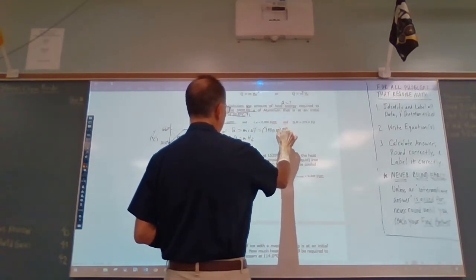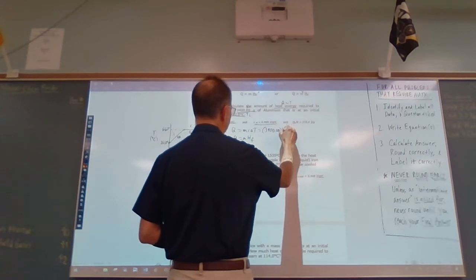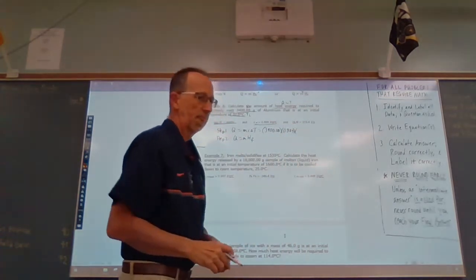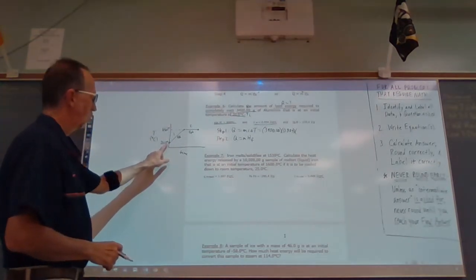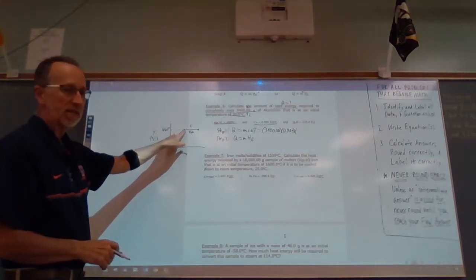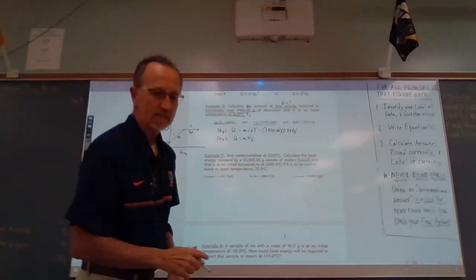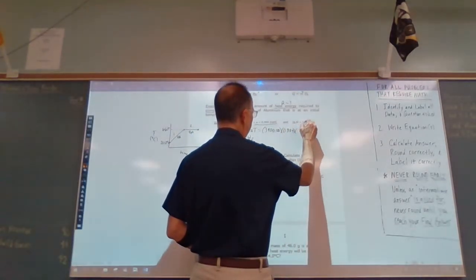3,400.00. Specific heat of aluminum, 0.909. And our delta T, well, our initial temperature is 20.0, and as you can see right there, our final temp for step 1 is 660. Remember, it's TF minus TI.